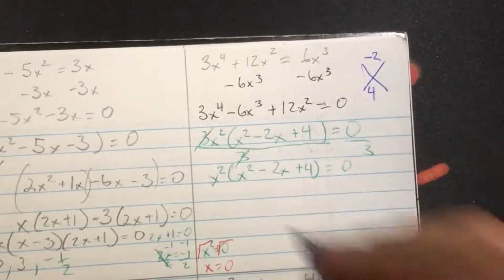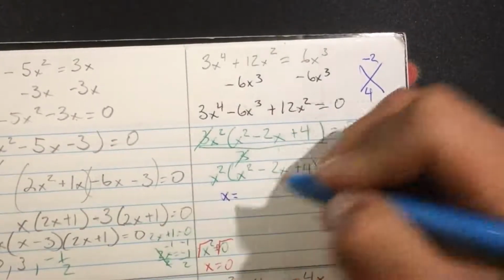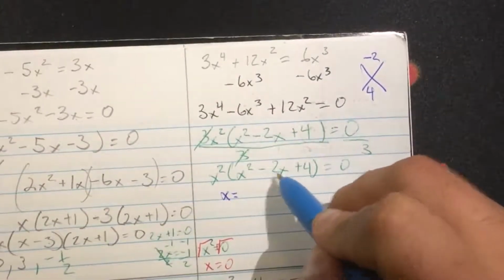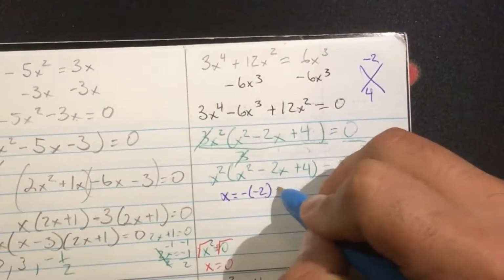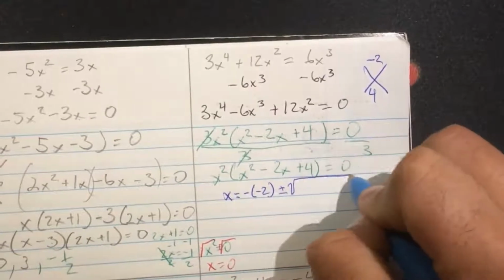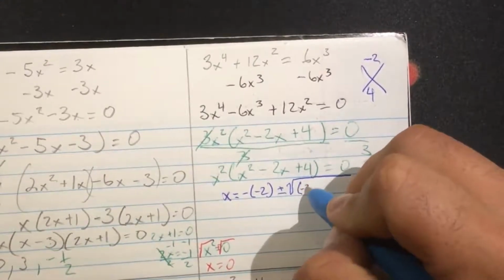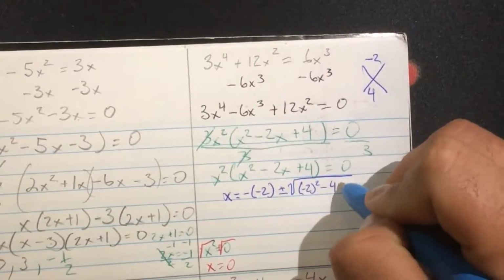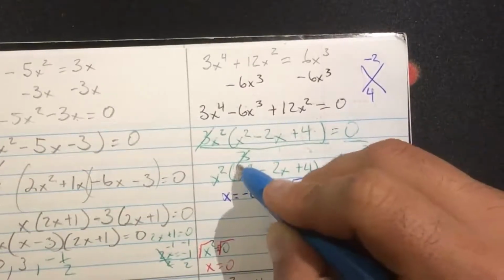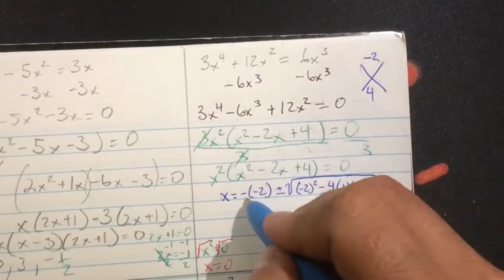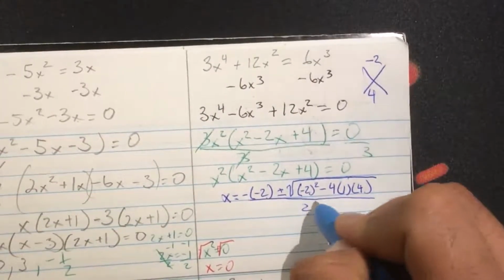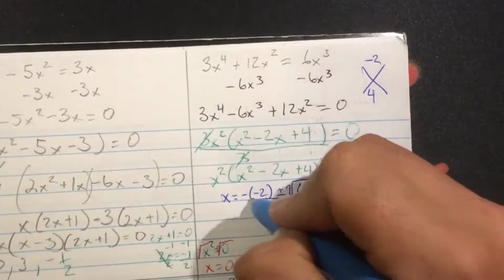So if you guys remember, the quadratic formula is x is equal to negative b, or negative negative 2, plus or minus the square root of b squared, which is negative 2 squared, minus 4 times a, which is 1, times c, which is 4. And all of this is over 2 times a, which is 1.